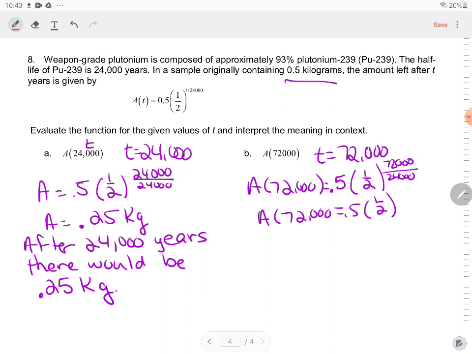So if we take 72,000 divided by 24,000, I believe we get 3. We do get 3. So that might be a little easier to type in 0.5 parentheses 1/2 to the third power. So that is equal to 0.0625 kilograms.